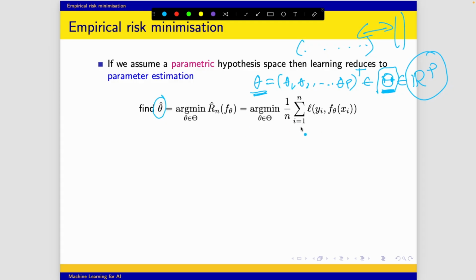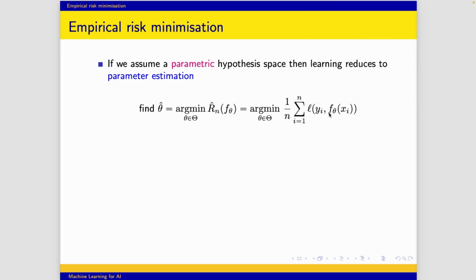And written out explicitly, it's this arithmetic mean of these realized losses here, right? That is our empirical risk realized using our realization, which is our data set.